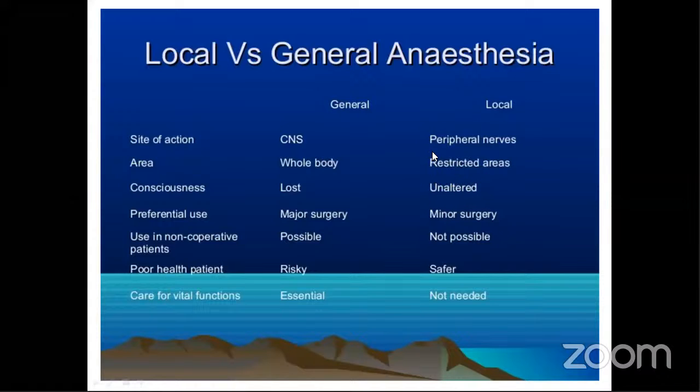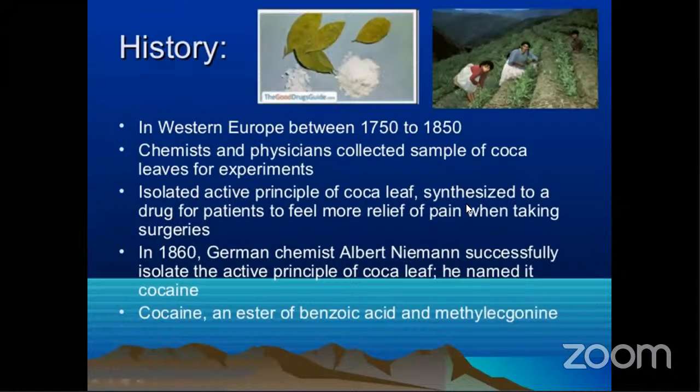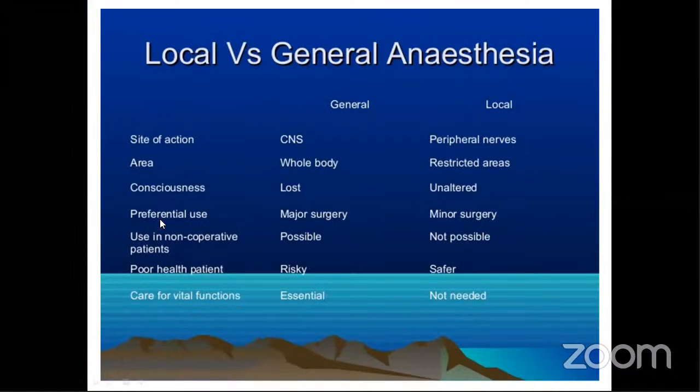During surgery, preferential use: only major surgery for general. Here minor surgery, so in minor cases local is useful. Then use in non-cooperative patients. Suppose some patients are in very serious conditions, so you have to give general anesthesia because you cannot control the patient.